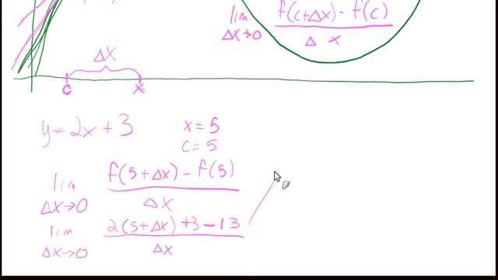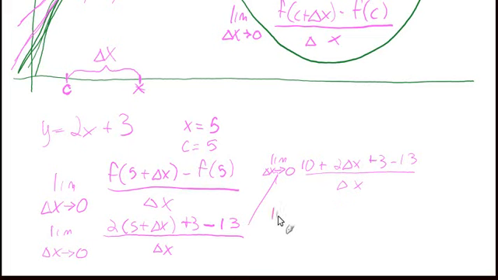Okay, let's take it up here. Distribute the 2. 10 plus 2 delta x plus 3 minus 13 over delta x. Hopefully we can see 10 plus 3 is going to be 13, minus 13 is going to be 0.